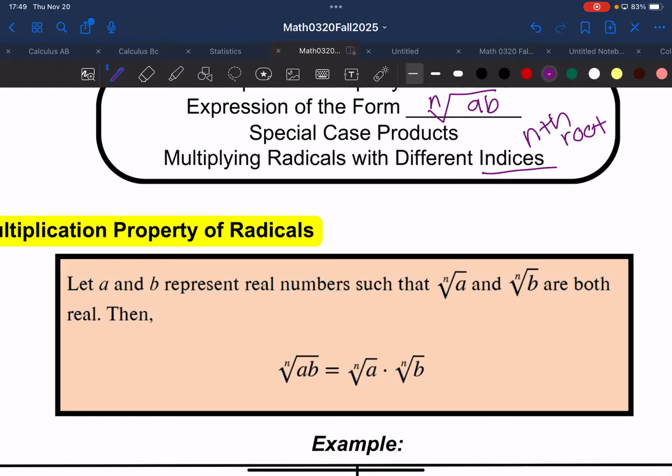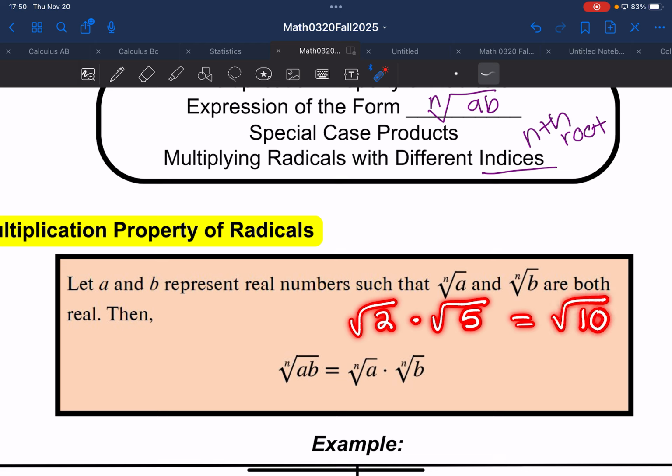All this is telling us is if we're going to multiply two radicals together, as long as they have the same nth root, we multiply the insides together. So for example, if this was the square root of 2 times the square root of 5, they're both square roots. So we multiply 2 times 5 and we get 10. So this is the square root of 10.